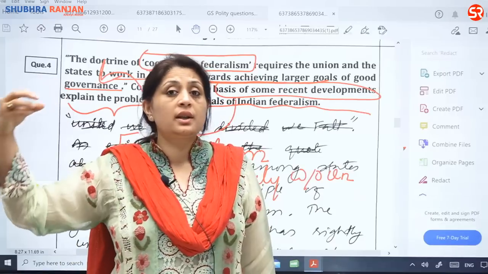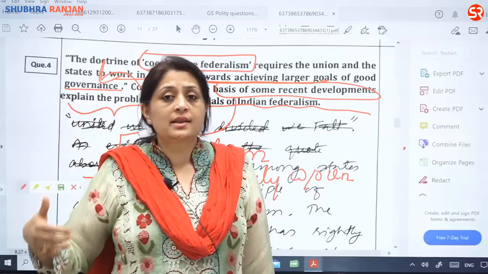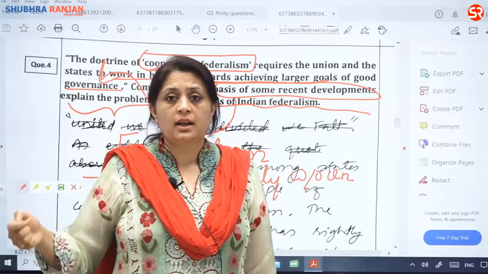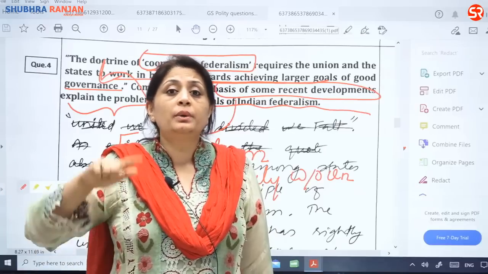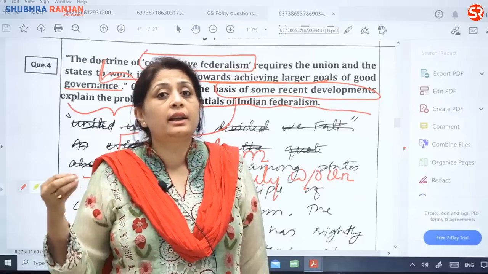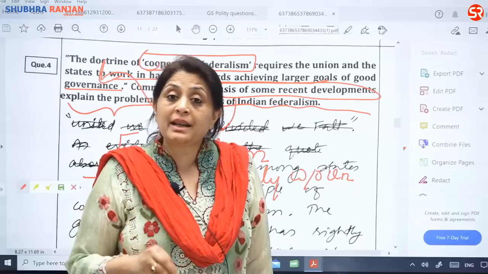So the potential is very high if the center and states work together in the spirit of Team India. However, the problem will emerge if they cannot act in sync, if we do not utilize the consultative mechanism.